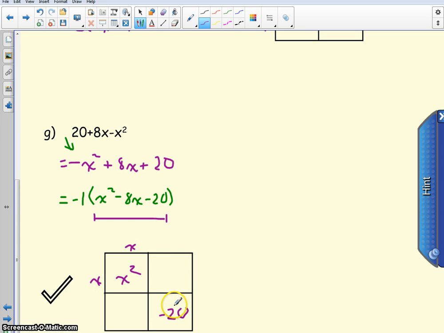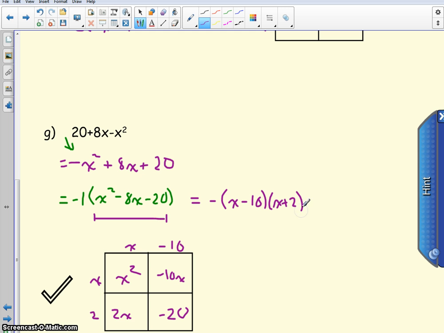Again, what multiplies to negative 20 and adds to negative 8? Well, you're going to have negative 10 and 2. That gives me 2x and negative 10x, which adds to negative 8x. So what this is going to factor into, I still keep my negative hanging around: negative, x minus 10 and then x plus 2.